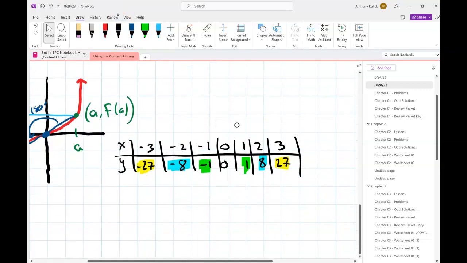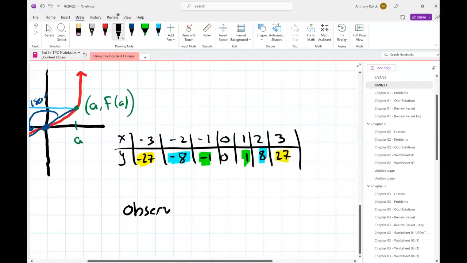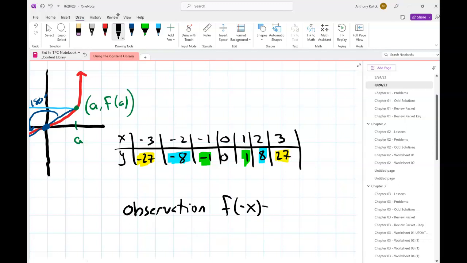The observation I'd want to make here is that f of negative x is equal to negative f of x. Okay, so far so good?